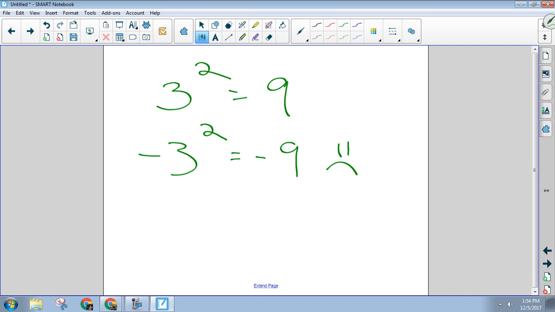Because your calculator will follow order of operations. And it will do the exponents, Excuse, before it will do the minus, Dear Aunt Sally. So it'll do 3 squared and then make it negative. Is that what we want? No, what we really want is negative 3 squared.